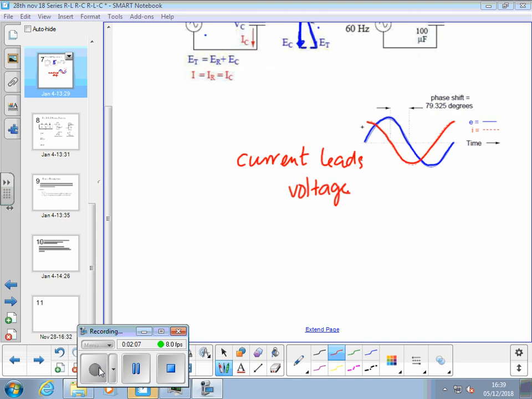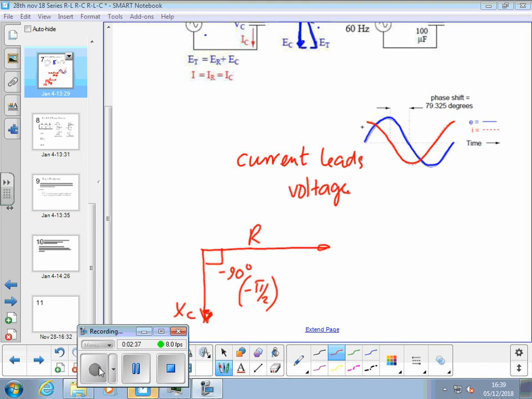So we also have an impedance triangle that has R at the horizontal, XC at 90 degrees minus 90 degrees, or minus pi over 2 radians.